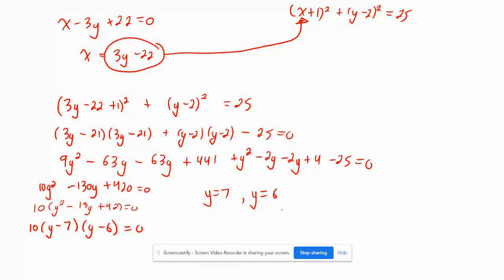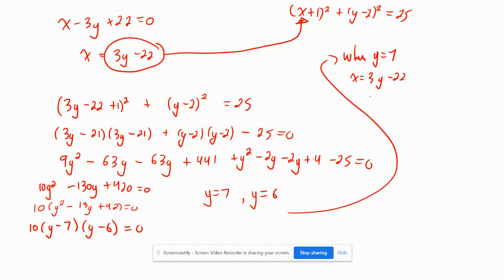So I'm just going to finish this work over here, guys. When y equals 7, we have x equals 3y minus 22, x equals 3 times 7 minus 22. 21 minus 22 is negative 1.